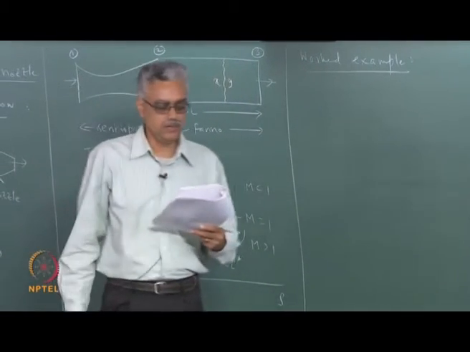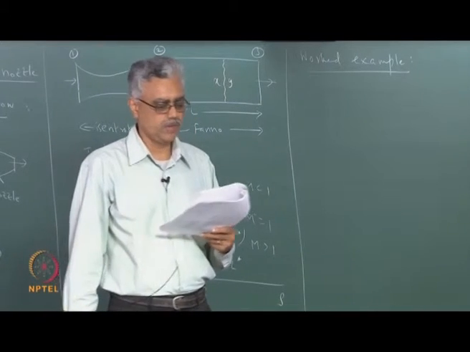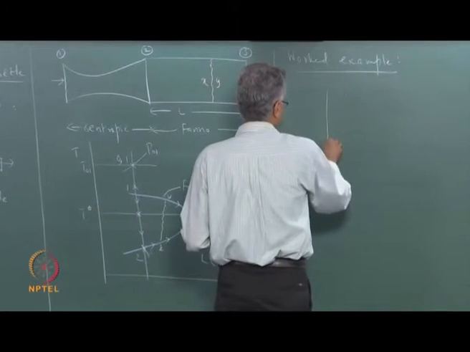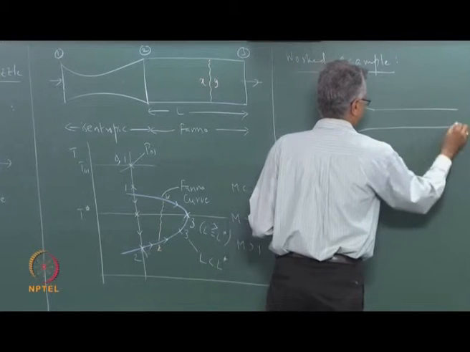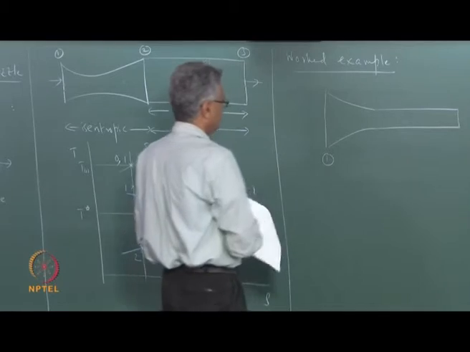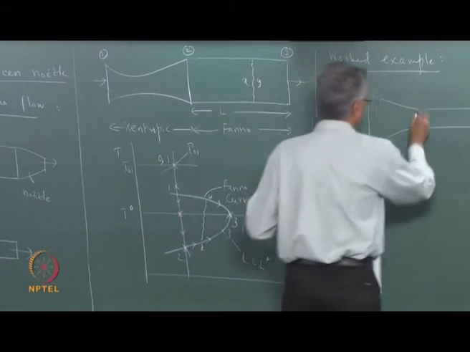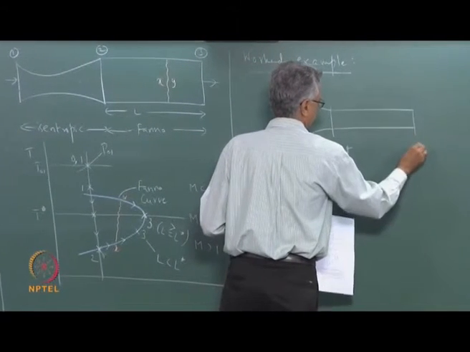So, the example reads like this: air flows through a nozzle pipe combination which looks like this. So, air flows through the nozzle pipe combination shown in the figure. So, this is one, this is the throat, and this is labeled as 2.